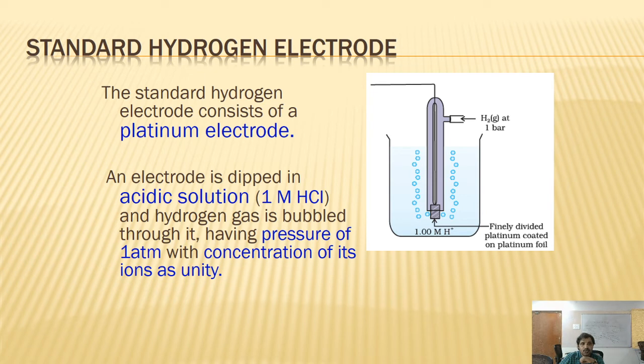The electrode is dipped in the acidic solution of 1M concentration, and hydrogen gas is bubbled through it with a pressure maintained at 1 bar, 1 atm. Okay.